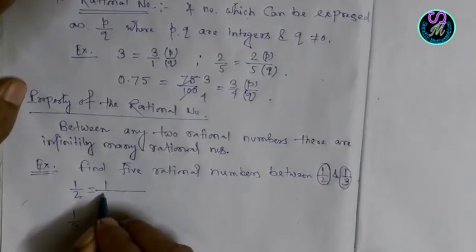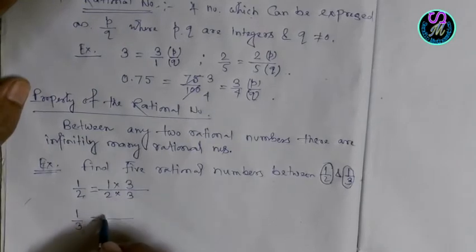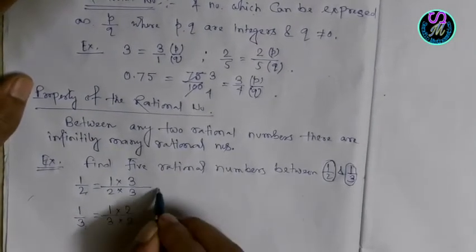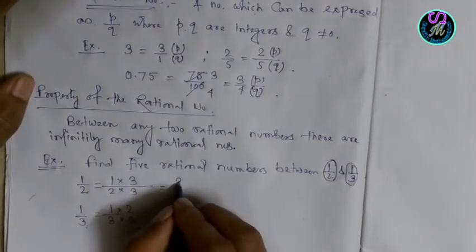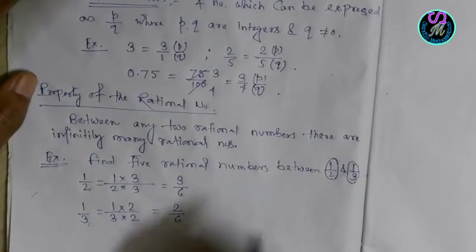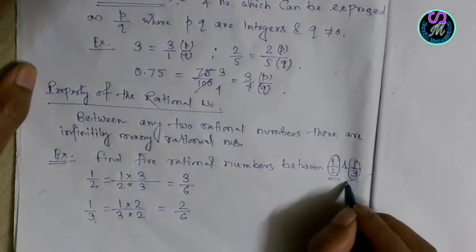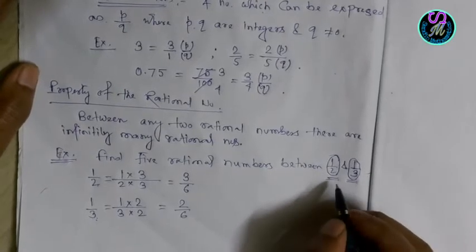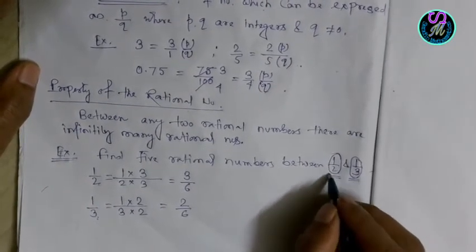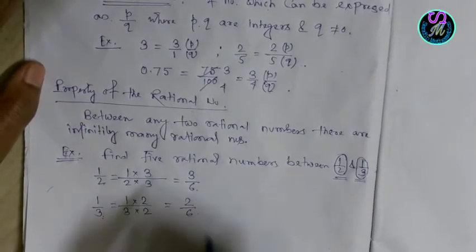If you multiply 1/2 by 3 in the numerator and denominator, and the other by 2, then both numbers have the same denominator, 6, and this one is 2/6. So the first condition is that both rational numbers must have the same denominator, but here the denominators are not the same, so at first we make them the same: 6 and here also 6.